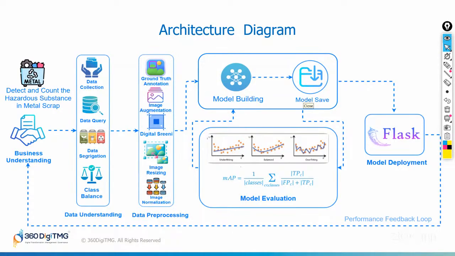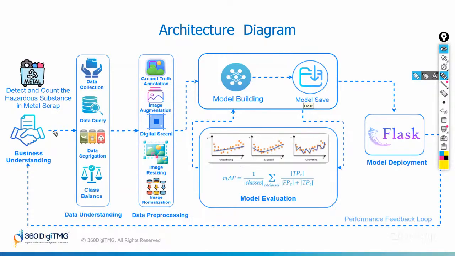We identify that the main goal is to count hazardous substances or items like gas cylinders, aerosol cans or fire extinguishers present here. The purpose is to improve work safety and reduce maintenance cost by avoiding furnace explosions.